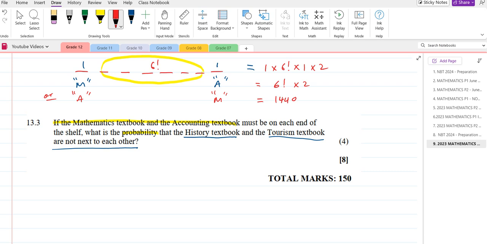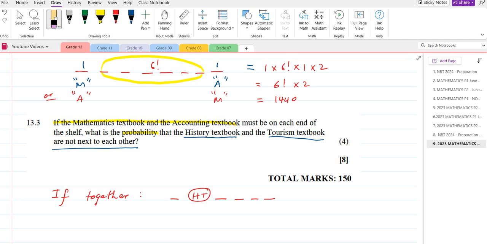Alright, so let's see now. Let's work out if they are together, the probability of them being together. If together, and then we're going to minus it from the total. If they are together, then we got mathematics textbook and history and tourism. So history and tourism are together, right? And we got 1 2 3 4 5.